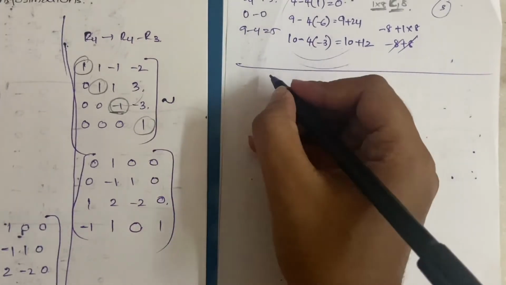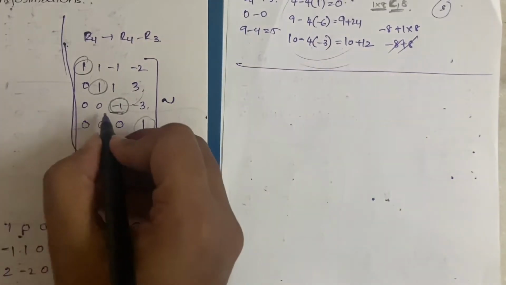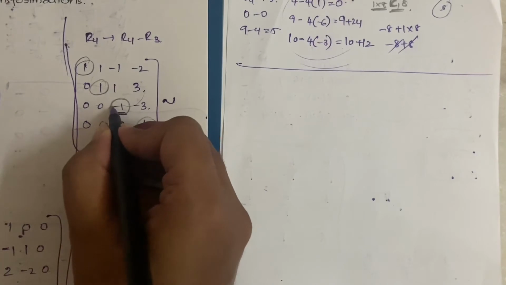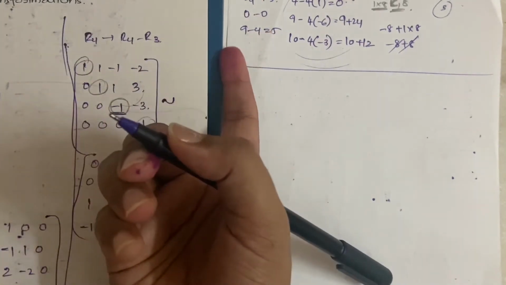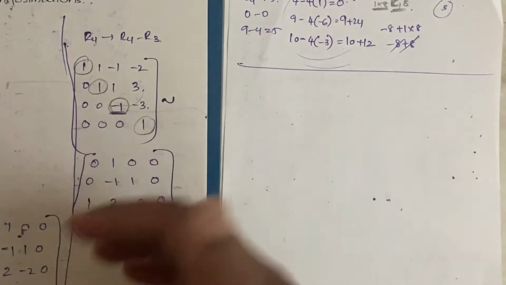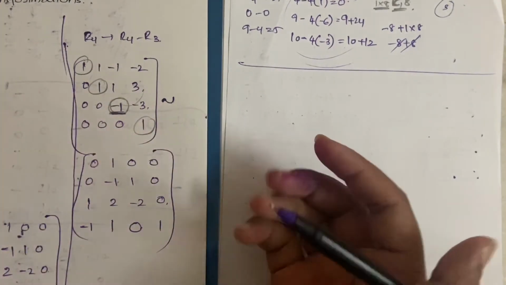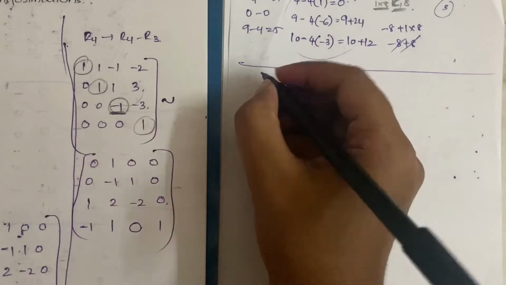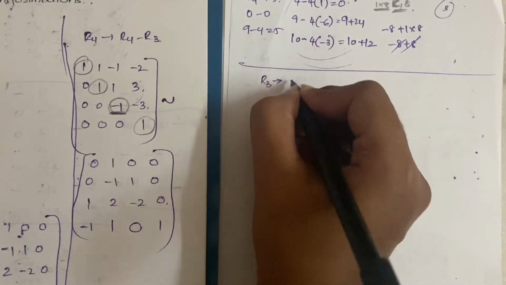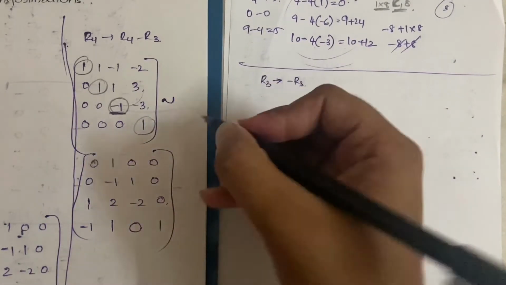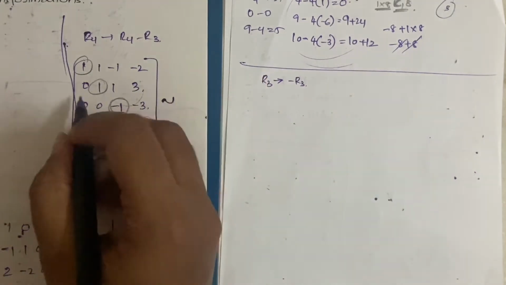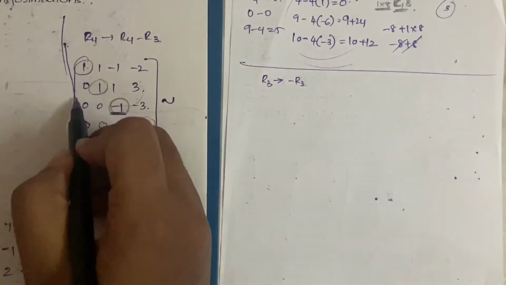Okay, so now what operation shall we apply? In order to make this one as 1, this is minus 1, right? You need to make it as plus 1. So how do you make it as plus 1? If you are multiplying with minus, minus into minus will become plus. So what we will do is R3 will become minus R3. So what you will get is rows 1 and 2 as they are.